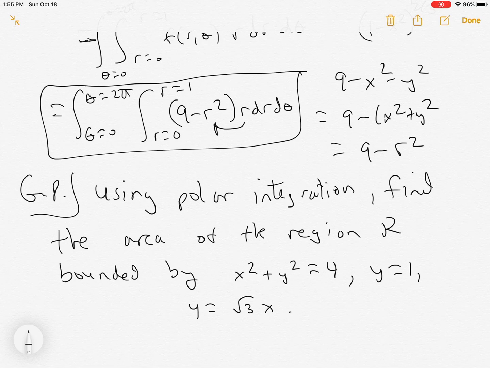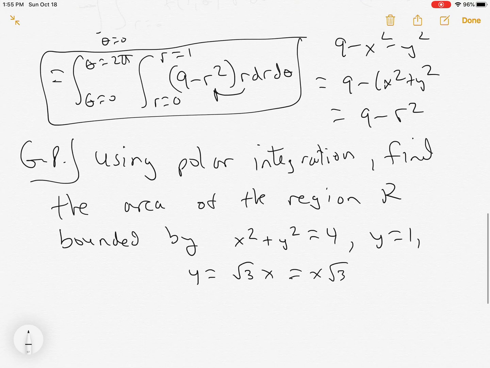So the x is not inside the radical, so it's y equals root 3 times x. It's actually better to write it this way, because then it's clear. And this is in the xy plane, so it's just an area problem. All right, and then we'll have some fun in class with more of these.